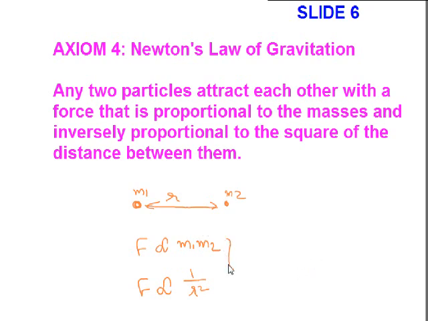So these two imply that F is some constant G times m1 m2 over r square. This G is the constant of proportionality, which is called the gravitational constant.